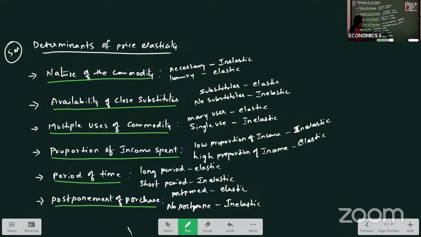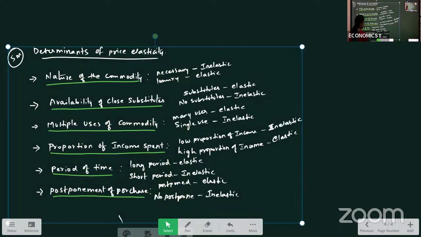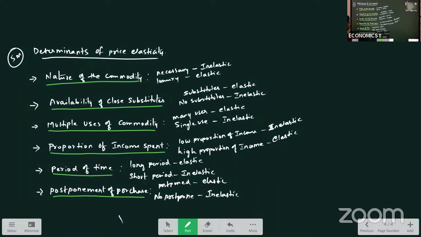Postponement of purchase: if you can postpone your purchase, there will be elastic demand. If you cannot postpone your purchase, then there will be inelastic demand. So these are the determinants of price elasticity. You just go through these determinants here. As I said, you will get this as a 5 marks question. Determinants of price elasticity of demand.